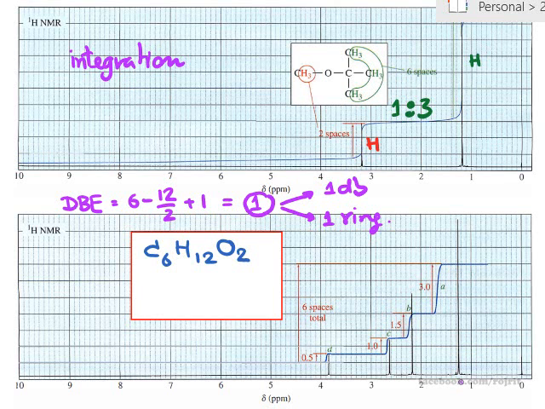So in total of 12, it has to be 1 to 2 to 3 and to 6, right? 1 plus 2 plus 3 plus 6 is equal to 12. So you have 12 hydrogen atoms. And if you have number 3, that means it should be CH3, right? This one should be CH3.